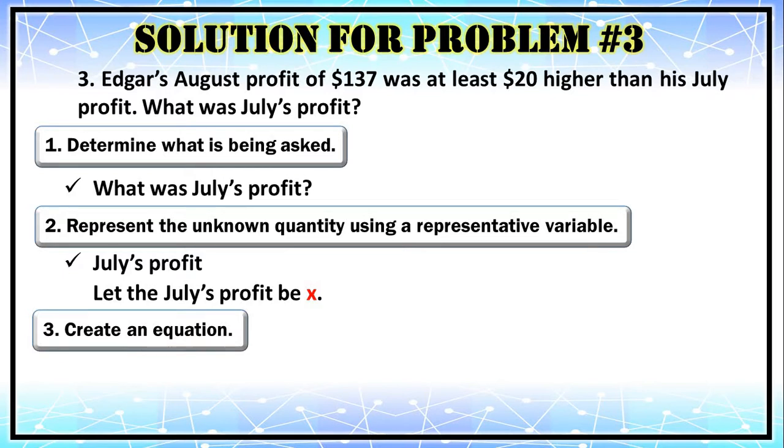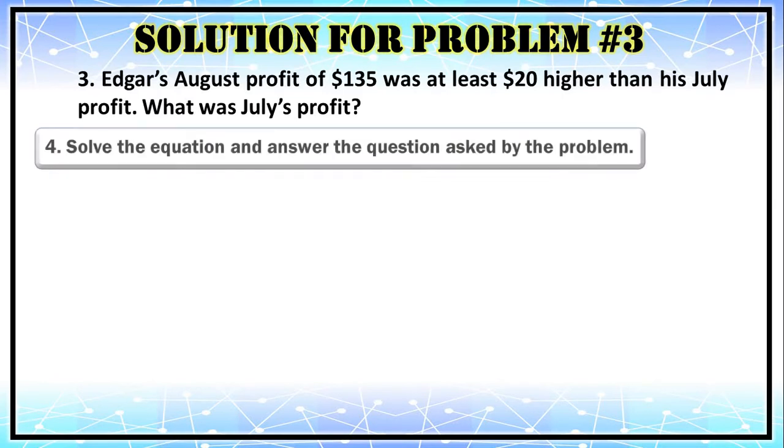And then we have to create an equation. Our equation will be $137 is greater than or equal to $20 more than July's profit. Therefore, we have to solve the inequality and answer the question asked in the problem.